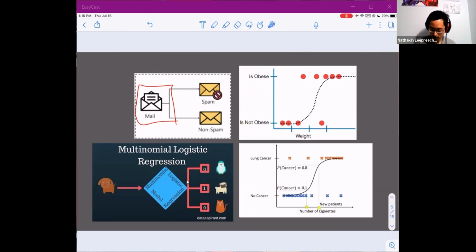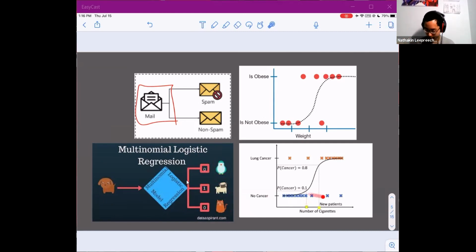And you can also classify into different classes as well. For example, you give it some data: is it a bird? Is it a plane? Is it Spider-Man? Nah. Is it a bird, a dog, or a cat, or something like that? That's another type of logistic regression, where you can predict with multiple classes.